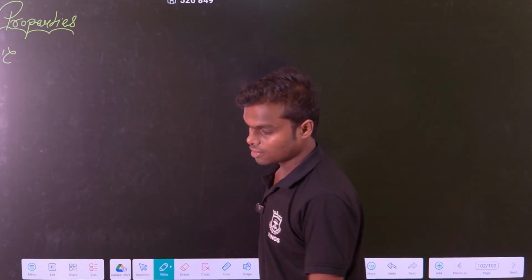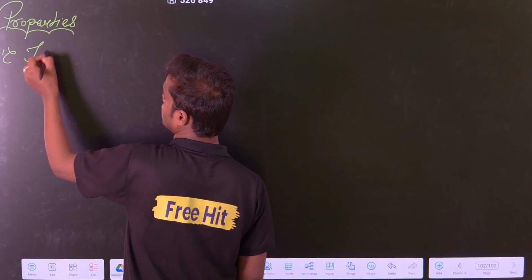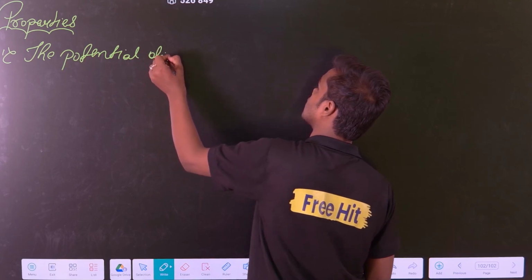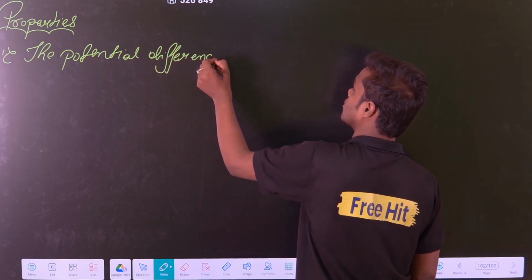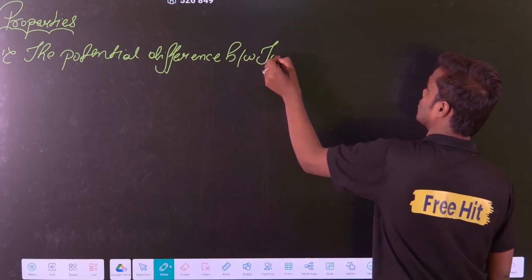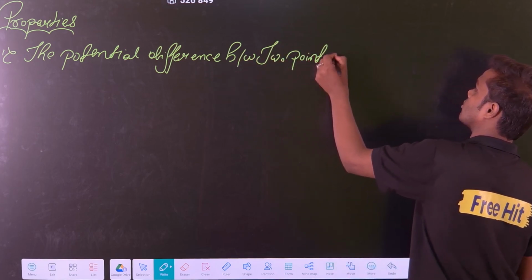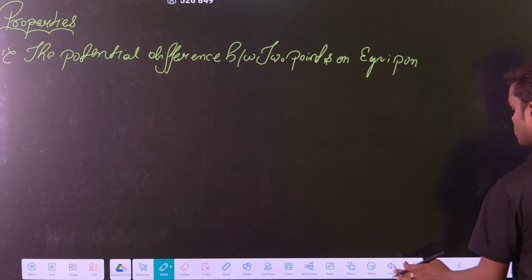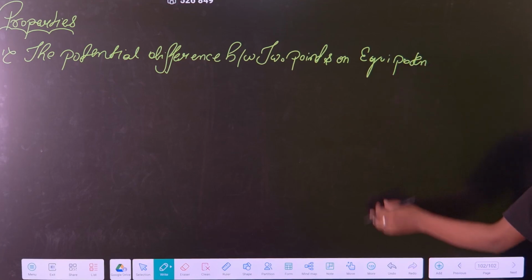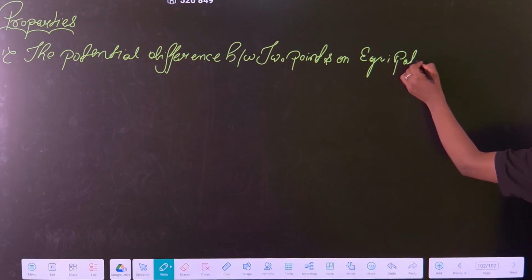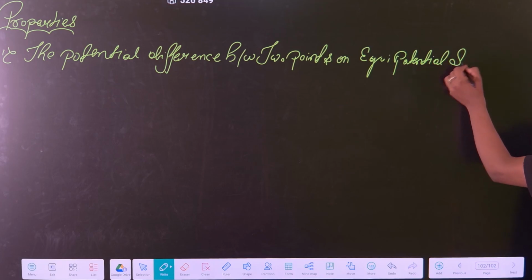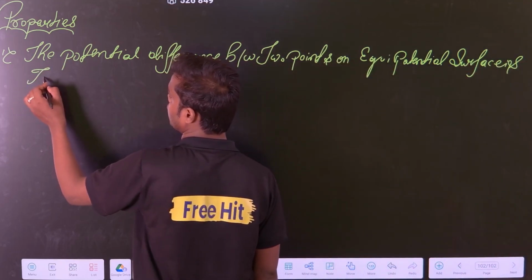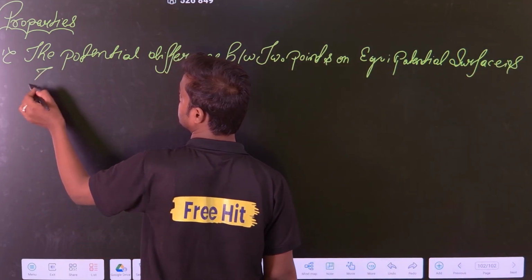The first property states that the potential difference between 2 points on an equipotential surface is 0.